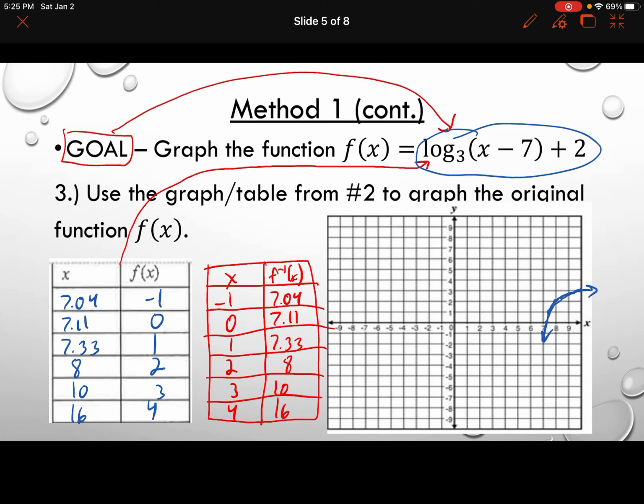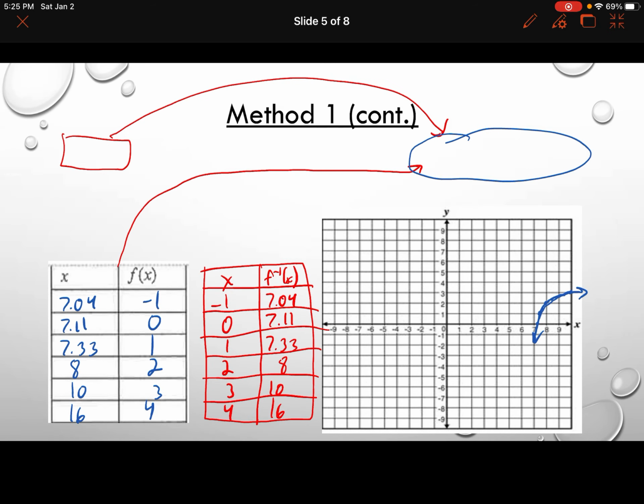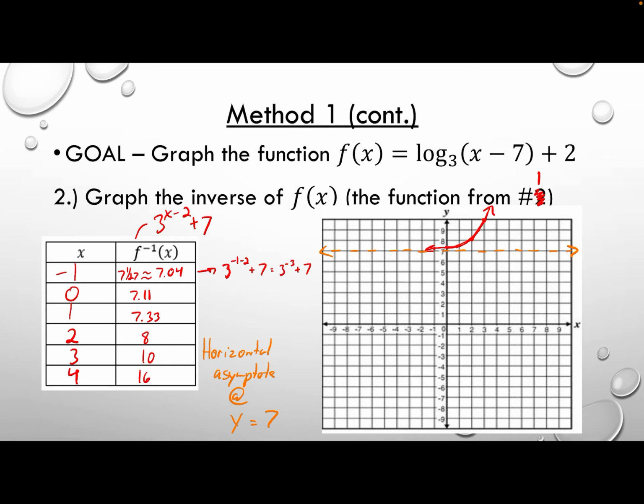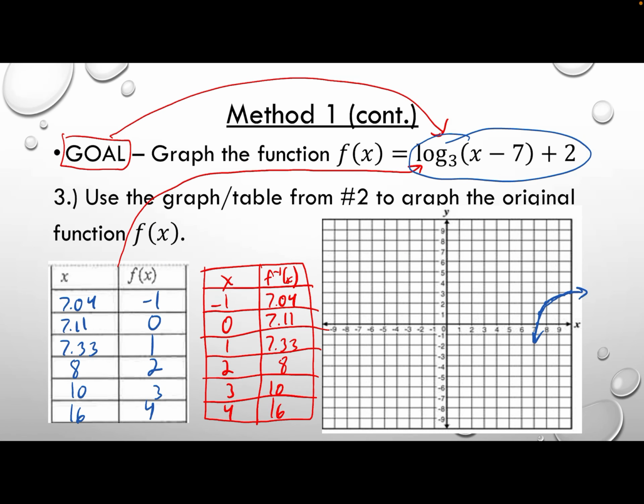Because remember, in the previous slide, we didn't just draw the graph. We also drew the asymptote. Where's the asymptote for this graph? Some of you might be able to figure it out just by looking at the picture. There is an asymptote for this graph.